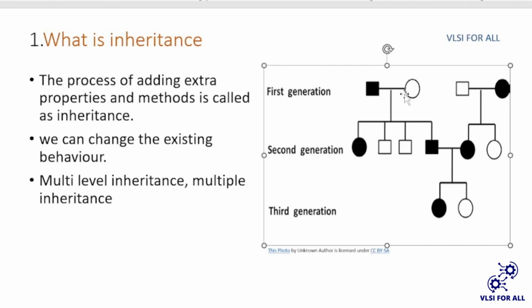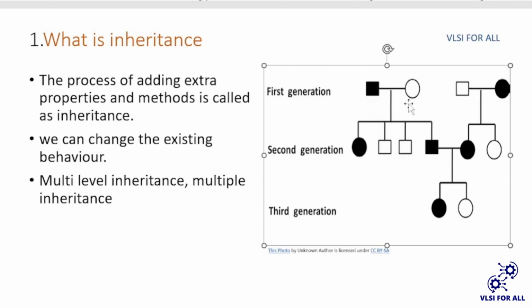Multi-level inheritance is this: from grandparents to parents, you can take this as a combination of single inheritance. From a single parent, there are many children: one child, two children, three, four children. This is called multiple inheritance.